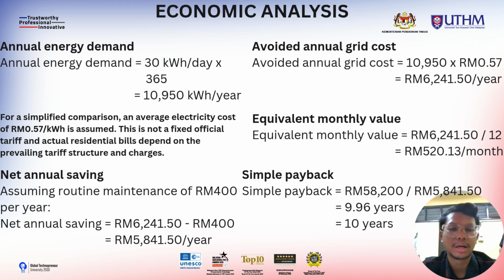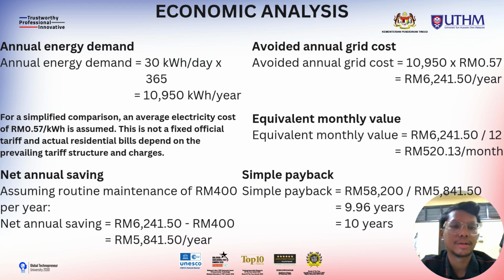Net annual saving, the calculation is 6,241.50 minus 400 equals 5,841.50 per year. For avoided annual grid cost, the calculation is 10,950 times 0.57 cents equals 6,241.50 per year.